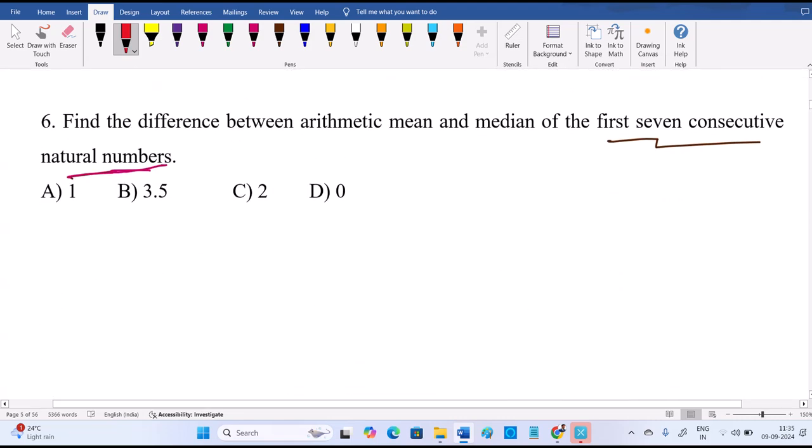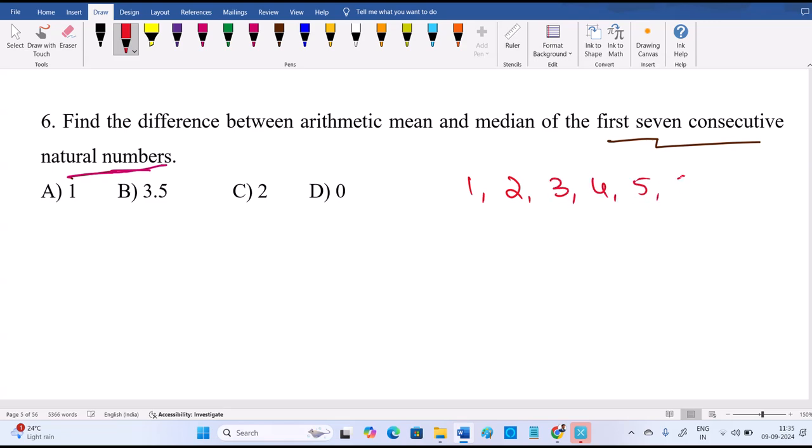So yeah, here, the question is about the first 7 consecutive natural numbers: 1, 2, 3, 4, 5, 6, 7. Arithmetic mean is the sum of terms divided by the number of terms. Sum of terms for natural numbers is 7 into 8 divided by 2, so the mean is 4.